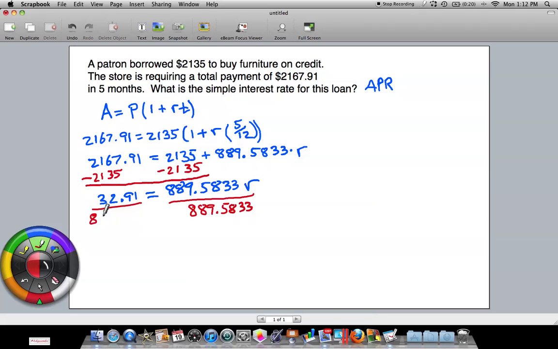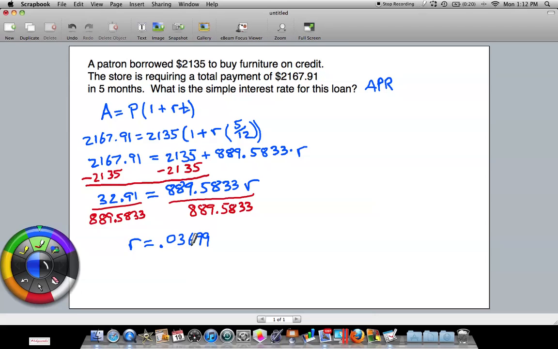So the calculation you're going to do in your calculator is on the left-hand side here. And that should give us what r is equal to. So we're going to get r is equal to 32.91 divided by 889.5833. And the decimal value is 0.03699 and a bunch of other decimals.